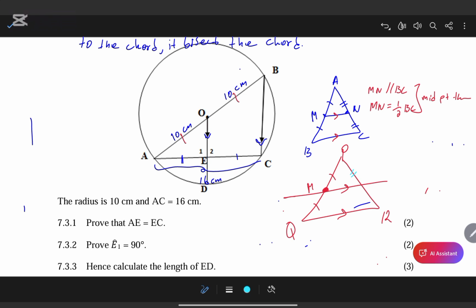Therefore, this line here will be equal to this. Let me call this point here T. Therefore, PT is equal to TR. Therefore, if I look at the diagram that is given, it satisfies the condition for the converse of the midpoint theorem.